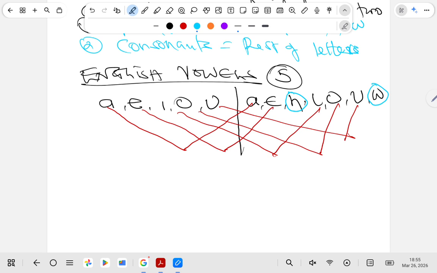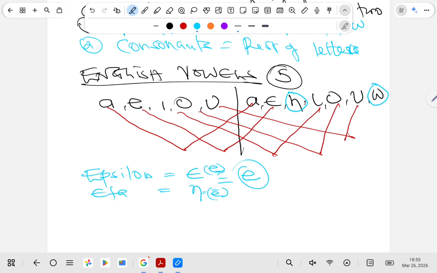Three uniquenesses in usage: we saw that epsilon, which is written like that, and eta, which is written like that, are both equivalent to the English E. When it is eta, it is written with a bar on top, and epsilon is just written like that. But both of them are the same.